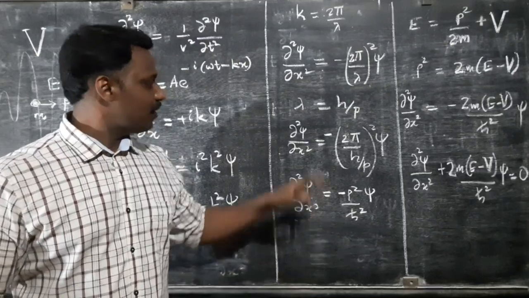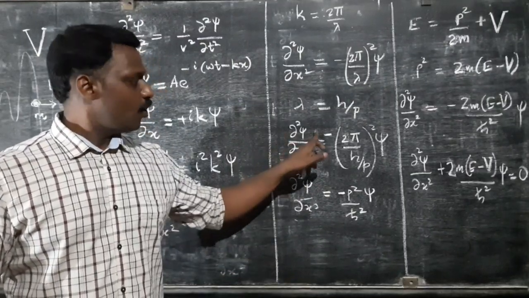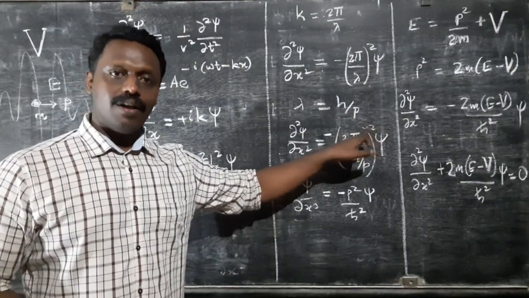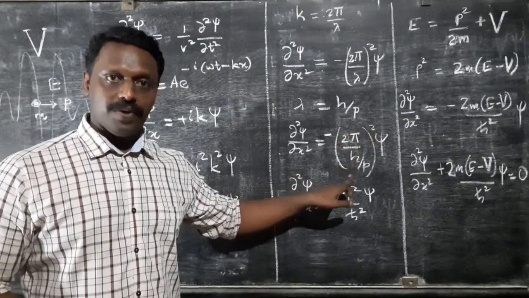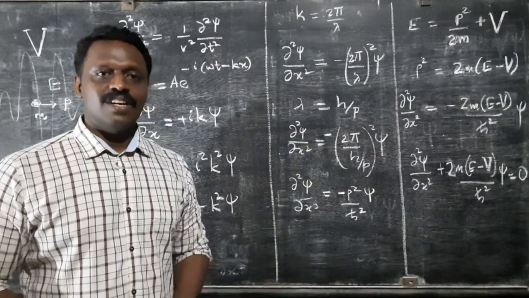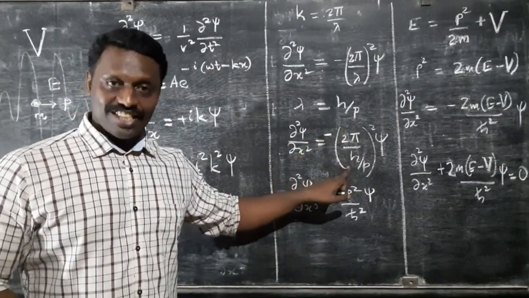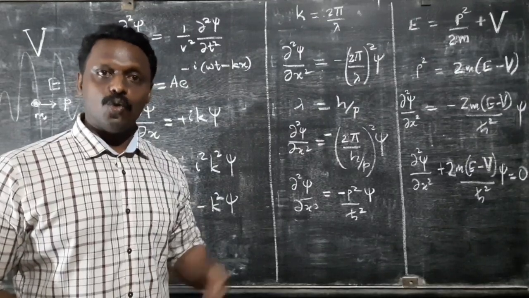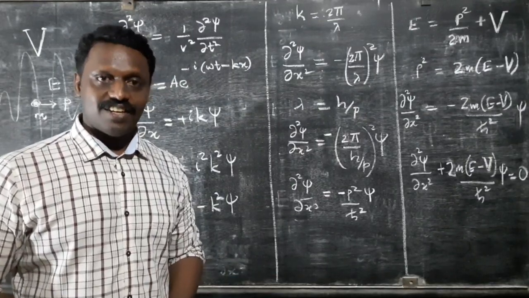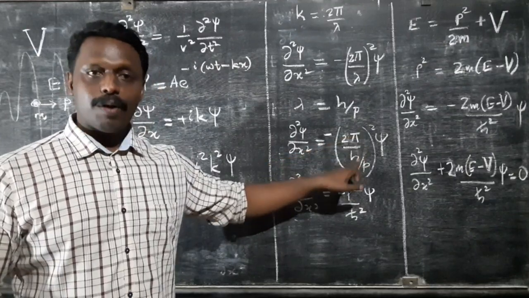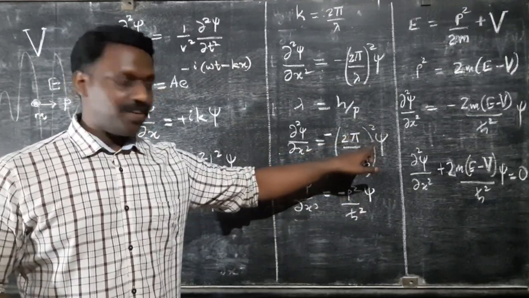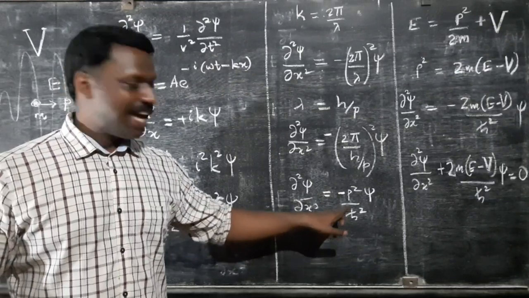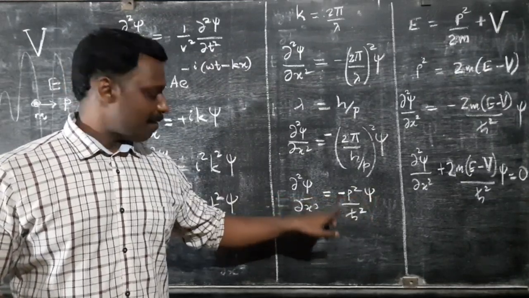So we have the equation modified as ∂²ξ/∂x² = -(2π/h)²p²ξ. 2π/h is the reciprocal of the reduced Planck's constant, so 2π/h is 1/ħ, and p² is available in the numerator. So the equation becomes ∂²ξ/∂x² = -p²ξ/ħ².